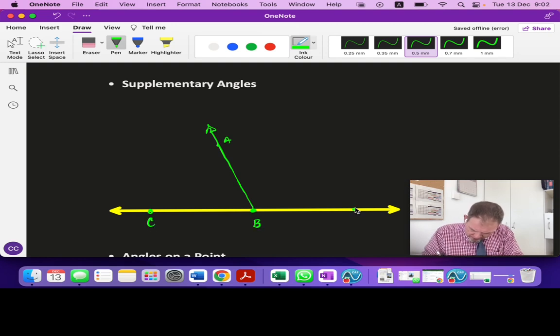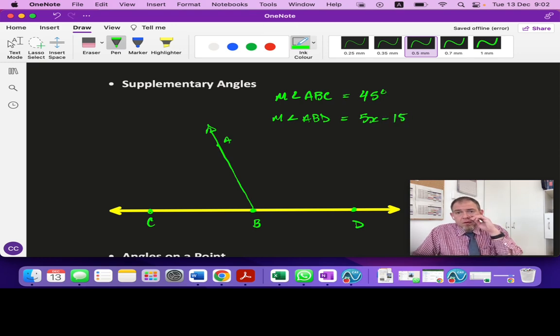if I tell you that the measure of angle ABC is equal to, let's say, 45 degrees, and the measure of angle ABD is 5x minus 15, then again we can set up the algebraic equation and solve for whatever x has to be.